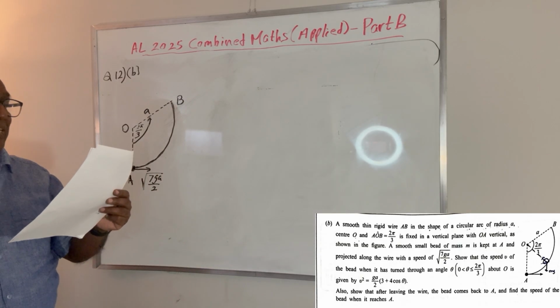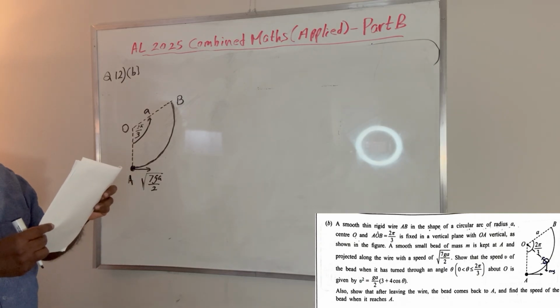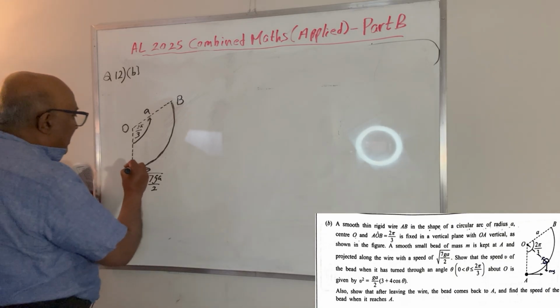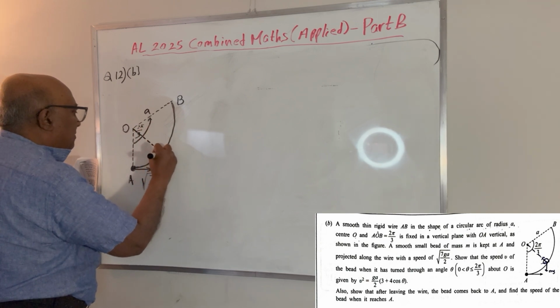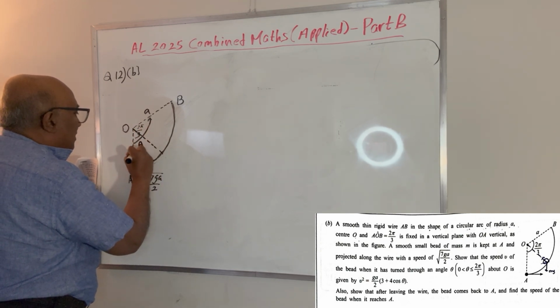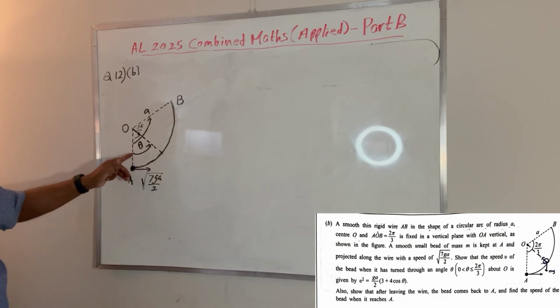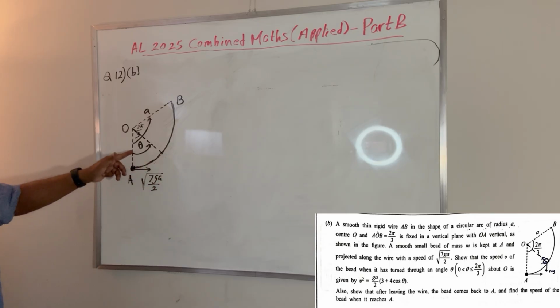So that the speed v of this particle when it has turned through an angle theta. Let's say this is theta. It is easy to mark this as an acute angle just for demonstration. When the particle has turned by angle theta, this is its position.